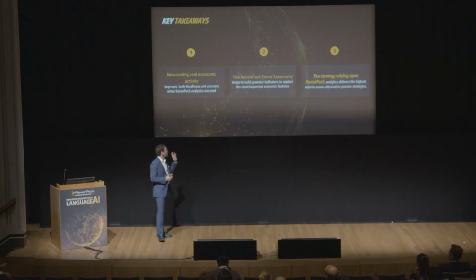Second, the RavenPack Effect taxonomy that Peter talked about this morning is very helpful to create granular and thematic indicators that can capture specific stories, specific events, and you can build them in order to insert in your model what you believe is driving the economy or is driving inflation, or can impact the economy.